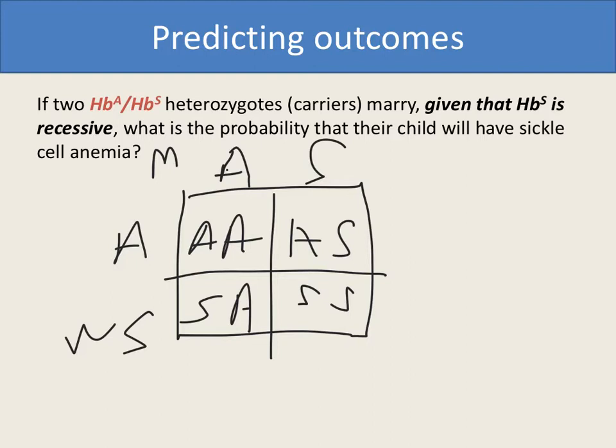So, like people in the Andes, they have normal hemoglobin, and they probably have higher incidence of blood clots and things like that. Well, Tibetans aren't like that.